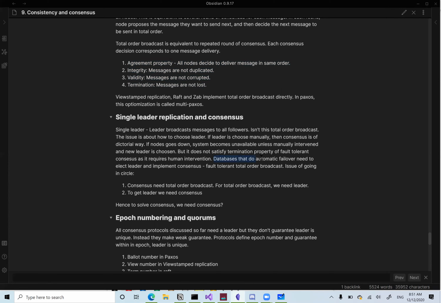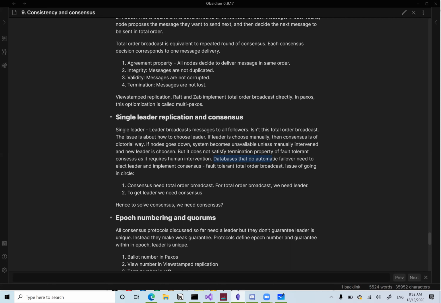Databases that do automatic failover need to elect a leader and implement consensus. If you don't want manual intervention, and a database needs automatic failover and leader election, then it needs to implement consensus in a fault tolerant way, where who the leader is gets decided based on a quorum of values.